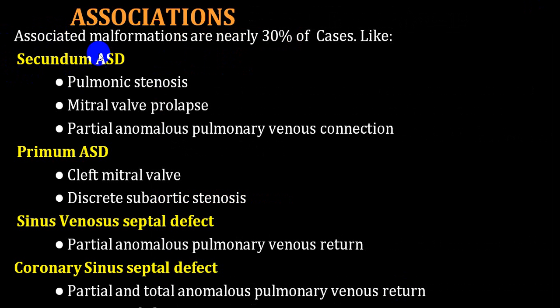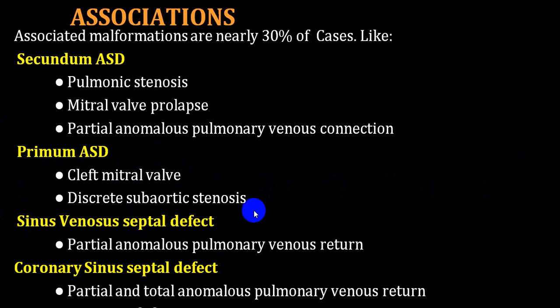Ostium secundum can be associated with pulmonary stenosis, mitral valve prolapse, or partial anomalous pulmonary venous drainage. Primum defect, or we call it ostium primum, is very frequently associated with mitral valve abnormality or may be associated with subaortic stenosis.